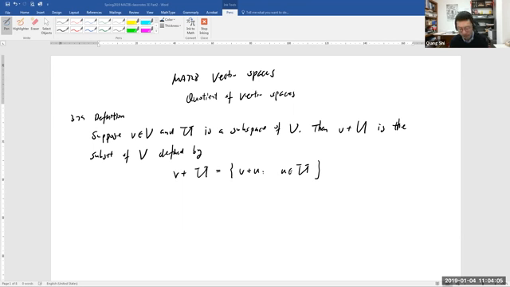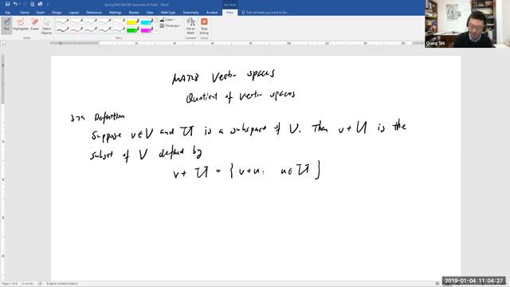of V. And then v plus U: the first letter before the plus sign, this v, is a vector from the space V, and U is a subspace, so it's at least a set. This is a subset of V defined in this fashion.